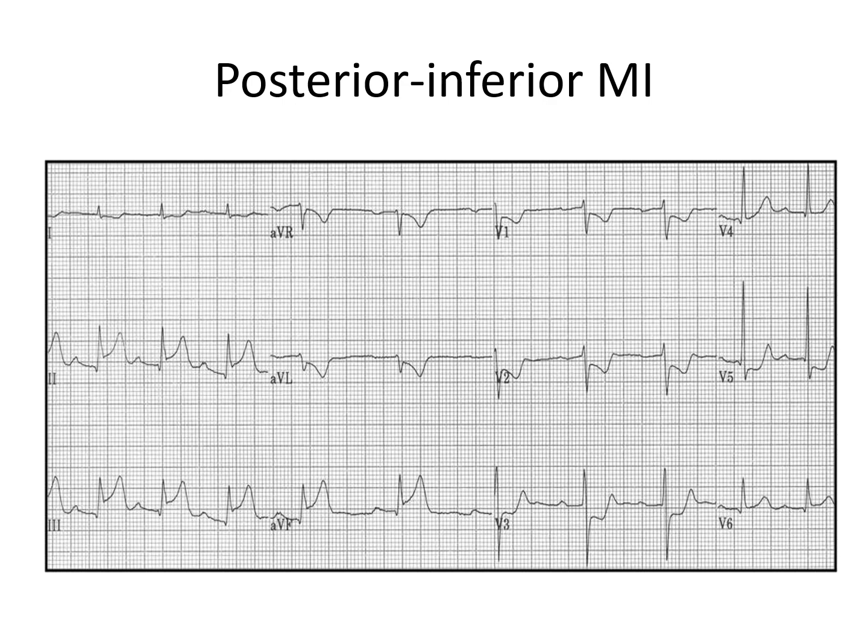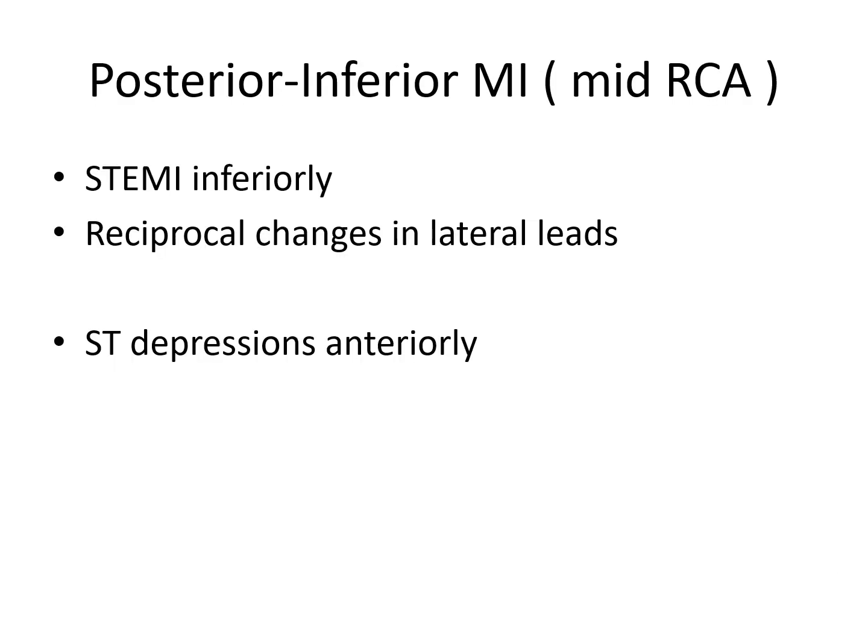But then if you look at the anterior precordial leads, V1, V2, V3, you see ST depressions, which are in this case caused by ST elevations posteriorly, which we will not see unless we do a 15-lead ECG. So again, posterior inferior MI, mid RCA, STEMI inferiorly, reciprocal ST depressions laterally, and then ST depressions anteriorly.